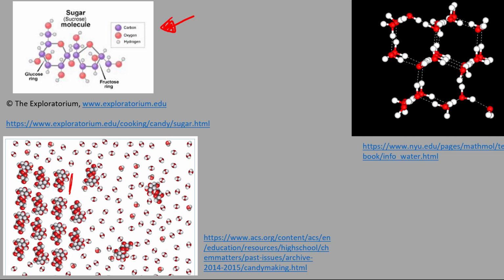And this was really the only thing I could find that showed how it would be a solid. So because all of these are OHs, just like in water, this thing can hydrogen bond with itself. That would be its intermolecular force that would be holding them together.